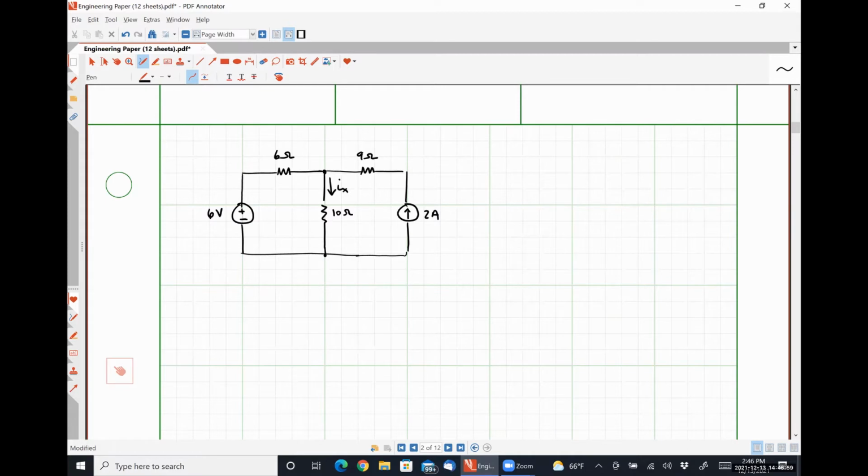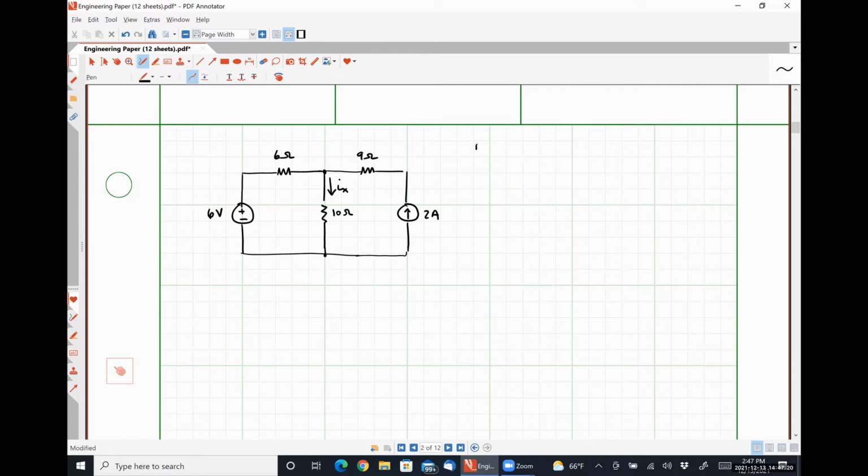Okay? If they do, then we can easily say that this circuit containing voltage source, current source, and resistors is a circuit that obeys at a minimum the superposition principle or the additivity principle. Okay?